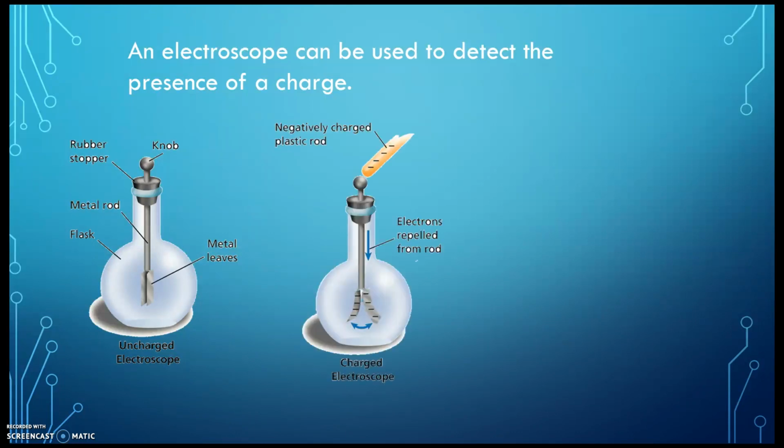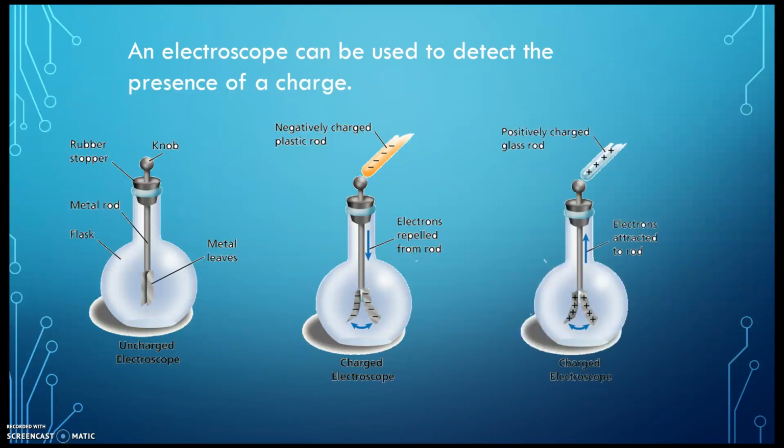And when you bring a negatively charged object near the top of the rod, then those electrons are going to travel through that rod and cause the pieces of foil or the metal leaves to repel each other. So you'll see those metal leaves move away or push away from each other. Same thing with a positive charge. If you bring an object that's not charged near it, then nothing will happen.